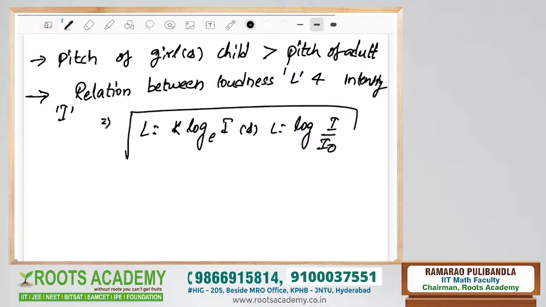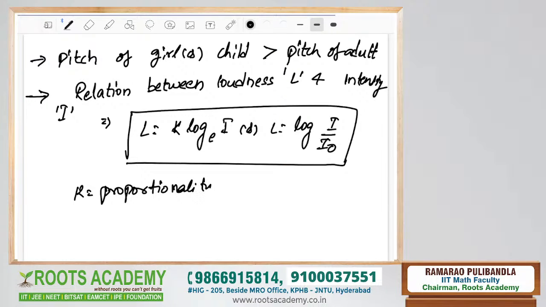So this is the relation between the loudness and the intensity, where K is the proportionality constant, and I naught is the threshold intensity.